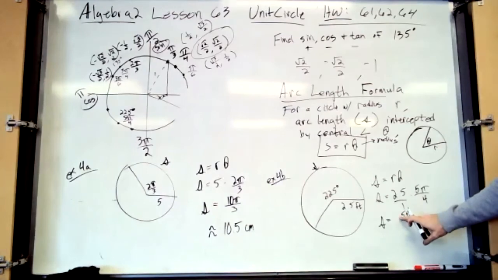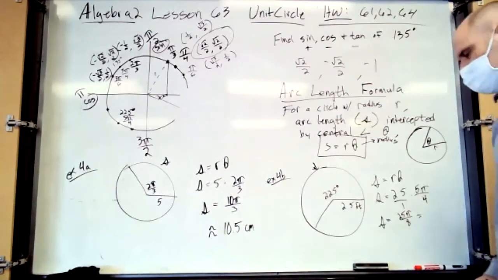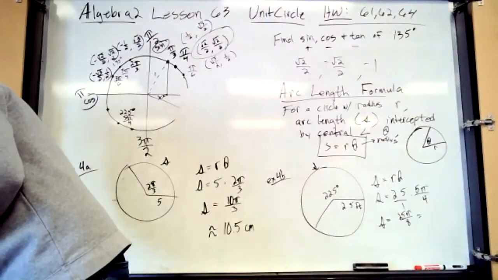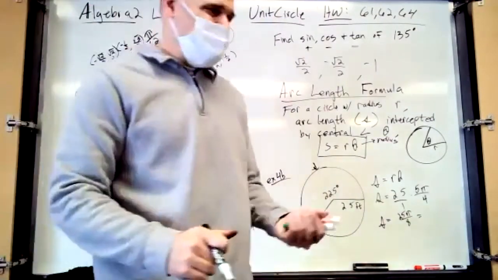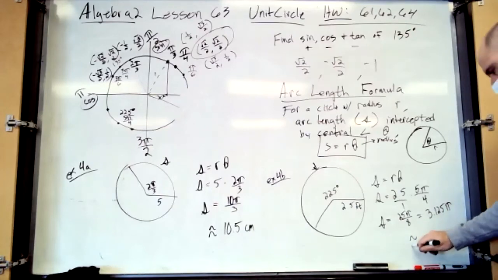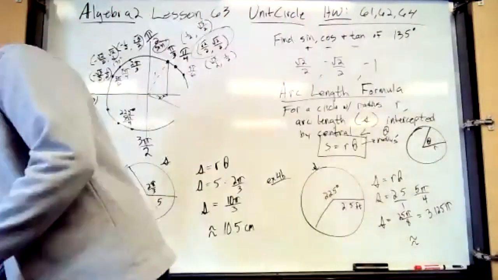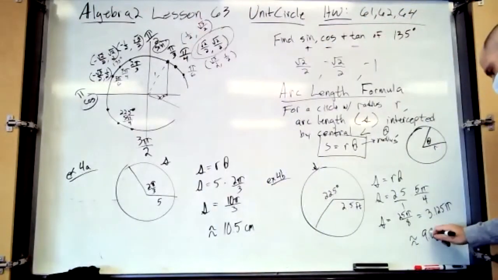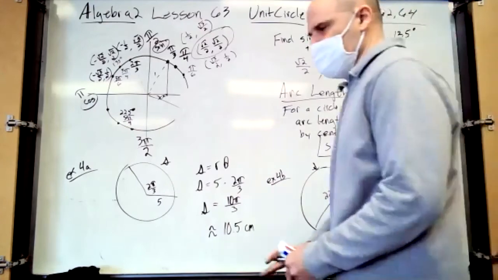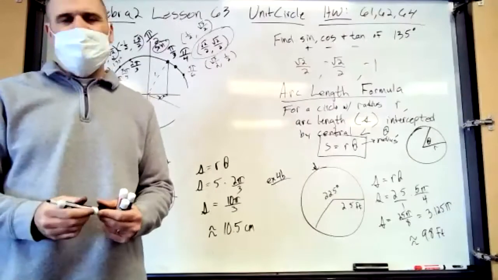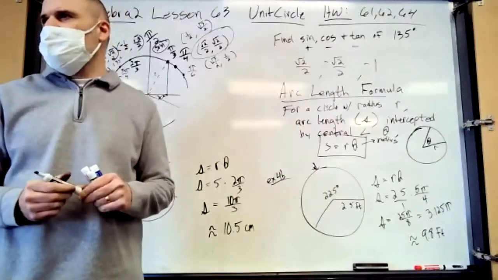So 25 pi over 8. If you wanted to leave it in terms of radians, that would be fine. 25 pi over 8. Or you could make it 3.125 pi, or approximately 9.8-ish feet. Okay? You would have gotten that if you divided 12.5 by 4. You would have gotten 3.125. Okay.